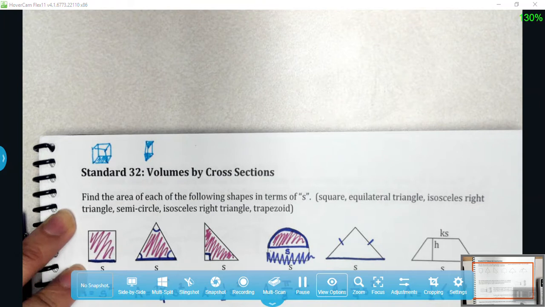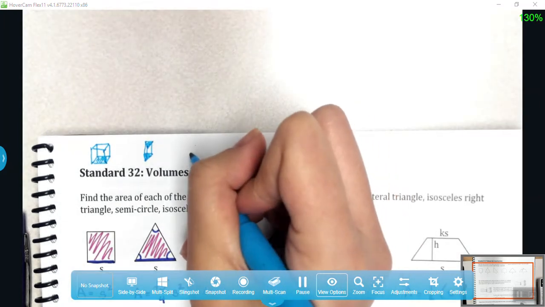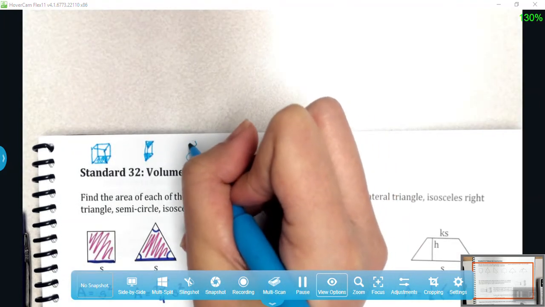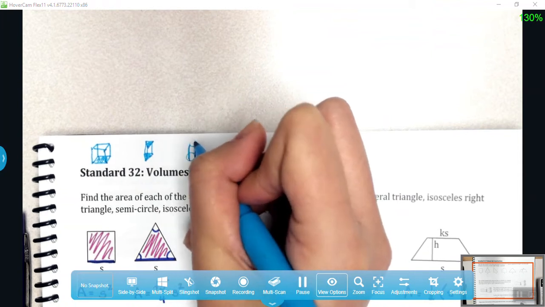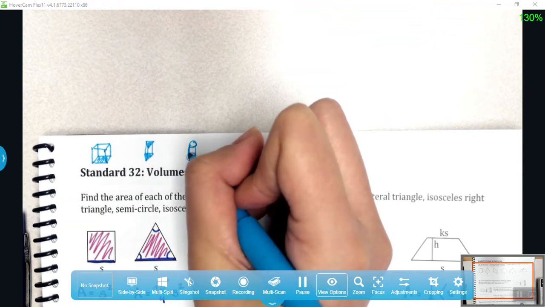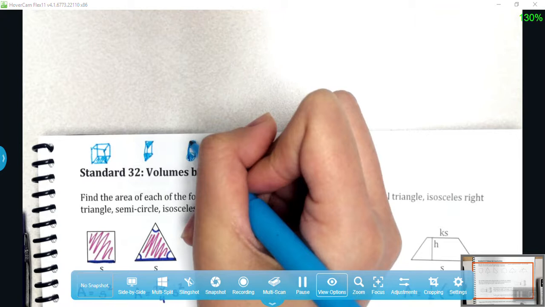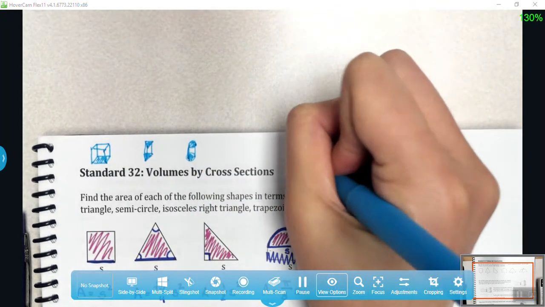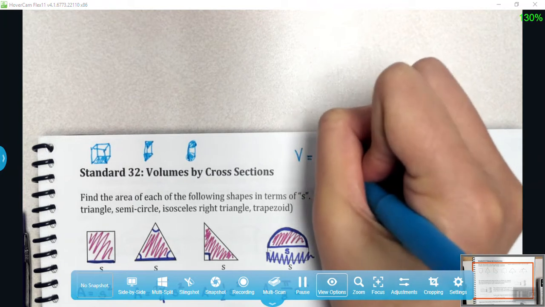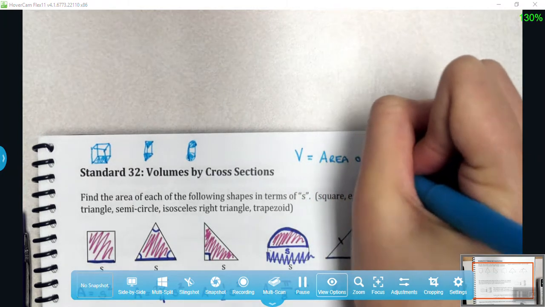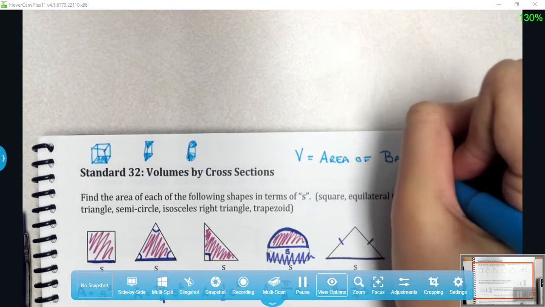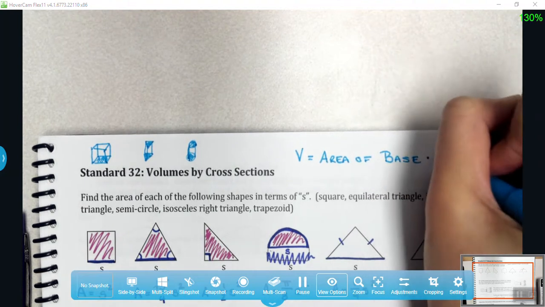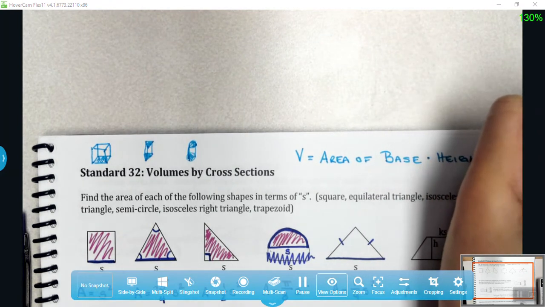And same thing with all of these things. Like a cylinder would be area of the base times the height. So to find volume of anything, it's the area of the base times the height, right?